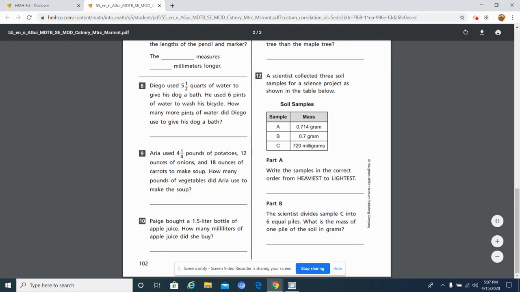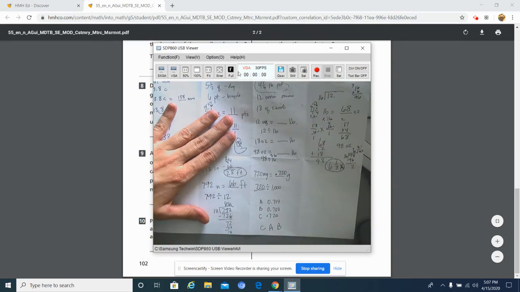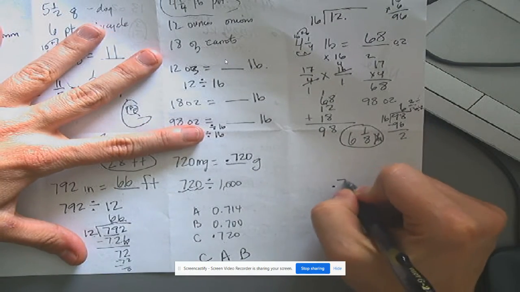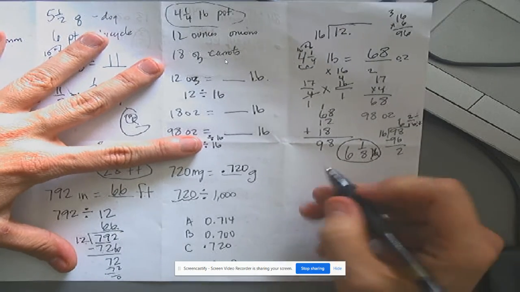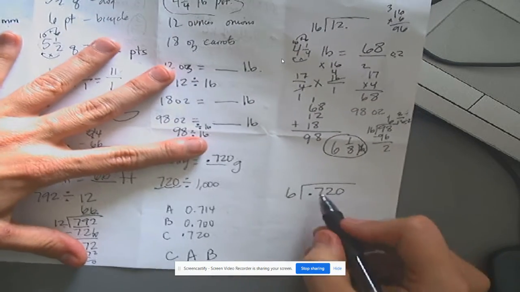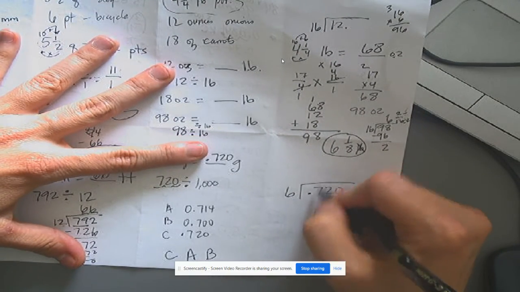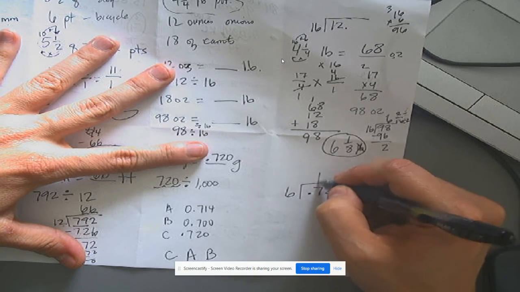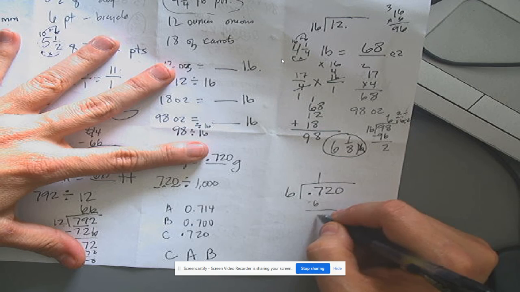Well, luckily we already did what? We already changed it into grams. So now he divides it into 6 even piles. So we're going to divide by 6. Okay, so 7 divided by 6. Remember, we're just going to ignore the decimal and then we'll move our decimal at the end. 7 divided by 6 is 1. 1 times 6 is 6.